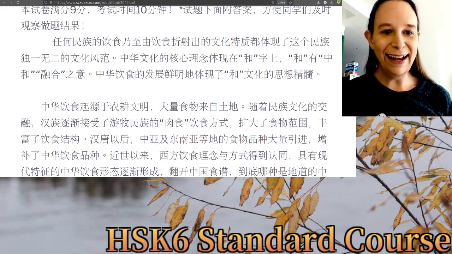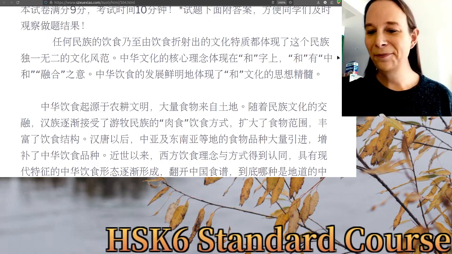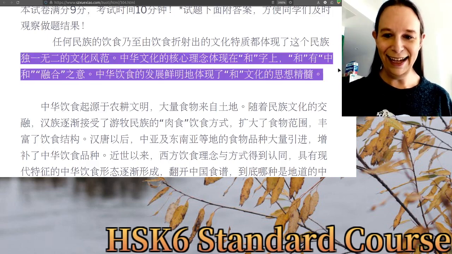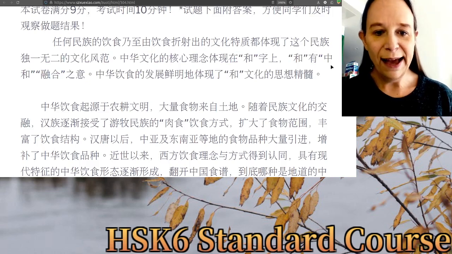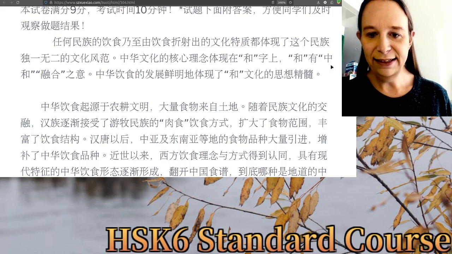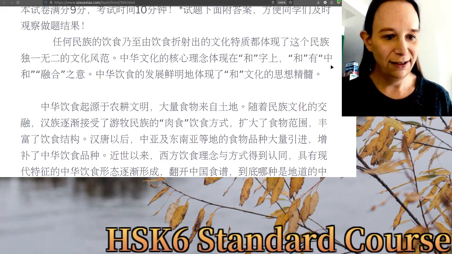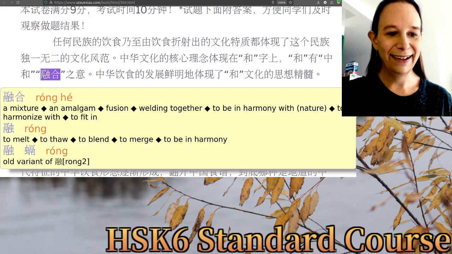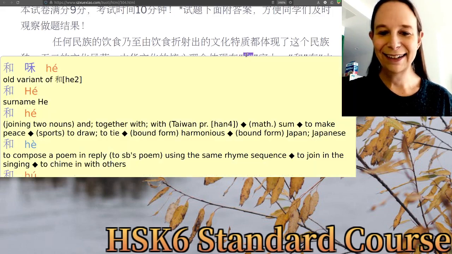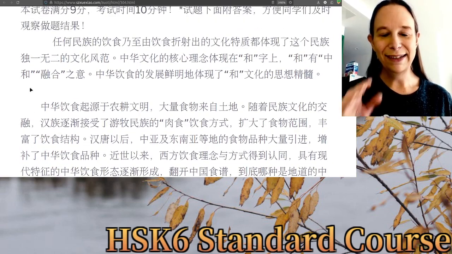Yeah, this is a 高考 question. There's a 高考 question in the HSK6 textbook. There you go. 中华文化的核心理念体现在和之上，和有中和、融合。融合 ，this 和 is not that 和，融合之意。That 融合 is like fusion.